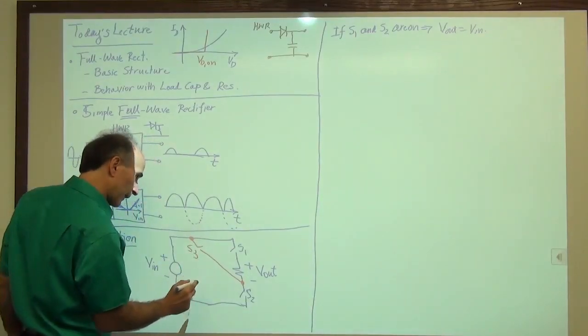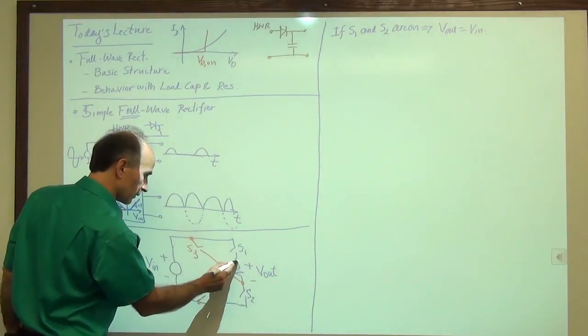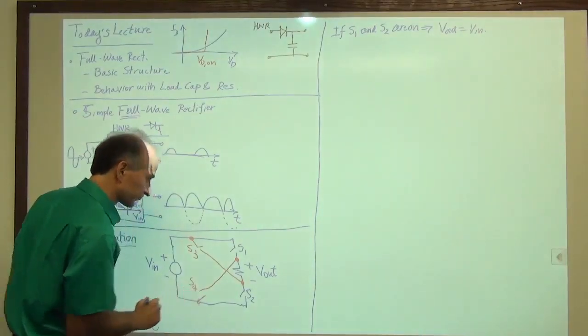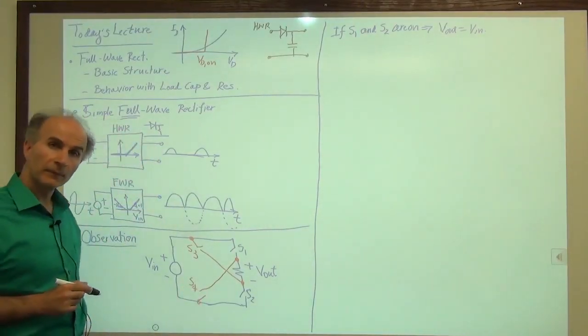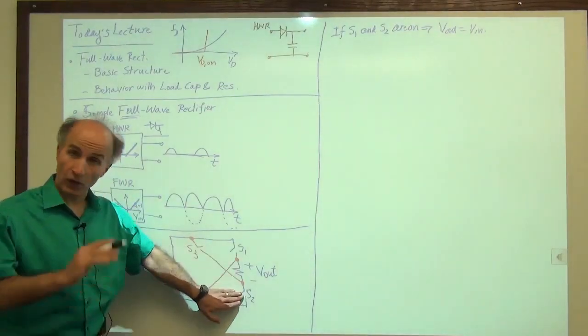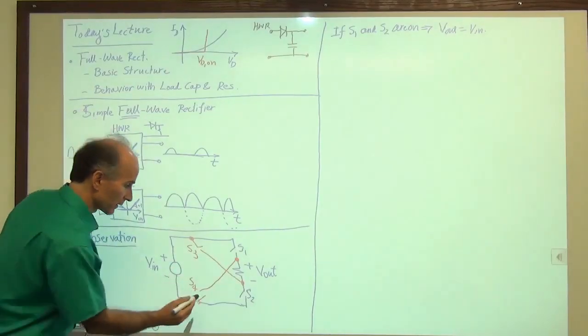And then I will add a switch from here to here. And I will call this S4. So what happens now if S1 and S2 are off, but S3 and S4 are turned on?